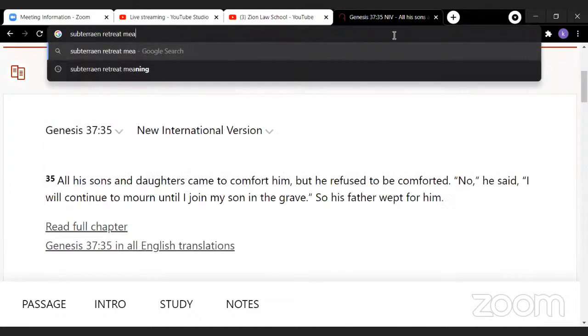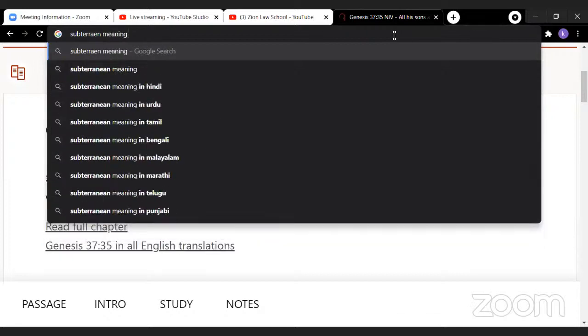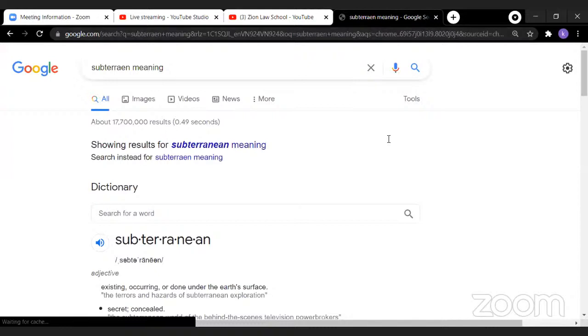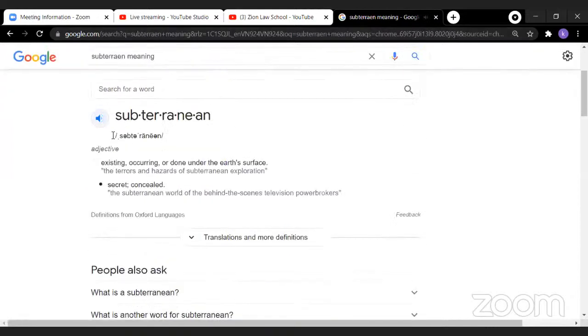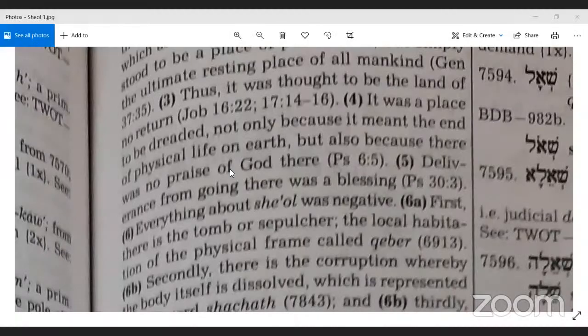Yes. Subterranean: existing, occurring, or done under the earth's surface. So it's still earth.